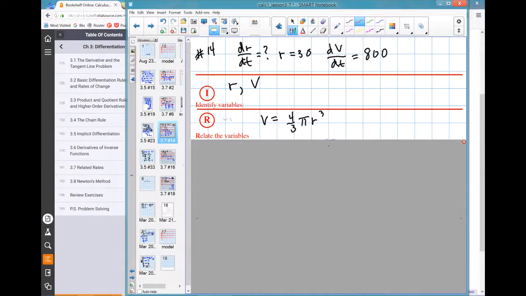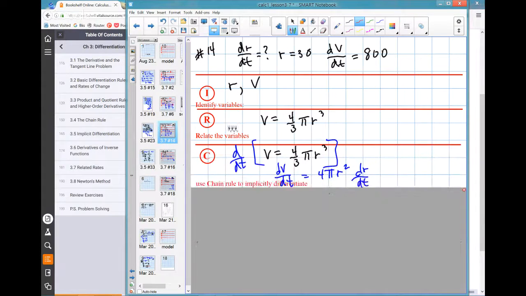We're talking about the volume of a sphere. So this you have to come up with yourself this time. They didn't give it to you. But these aren't going to be hard. They're going to be pretty basic ones. So anyway, there's the volume of a sphere: 4/3 times pi times r cubed.